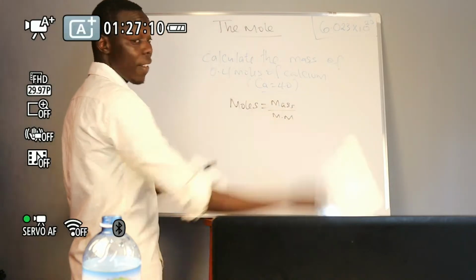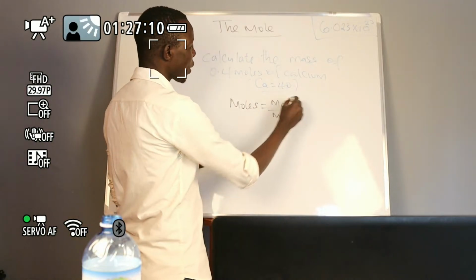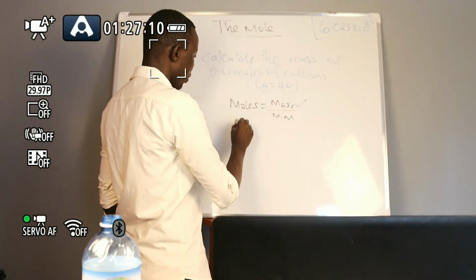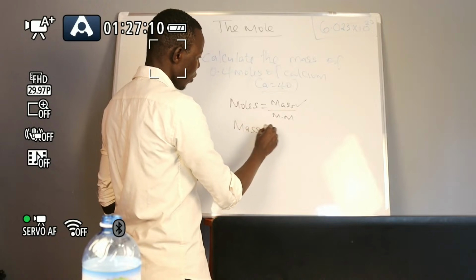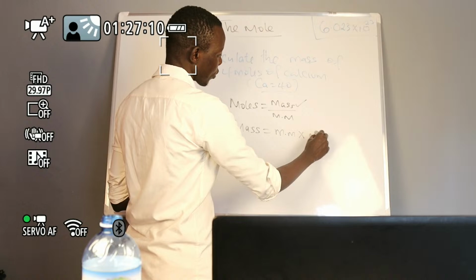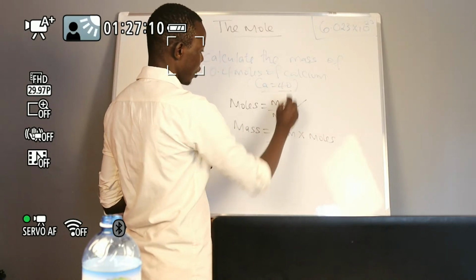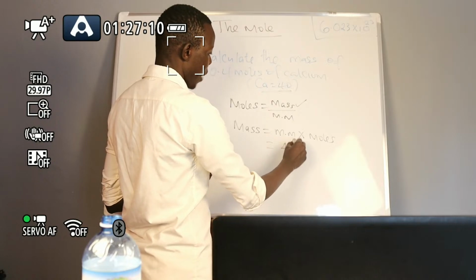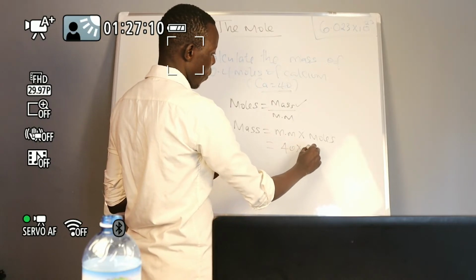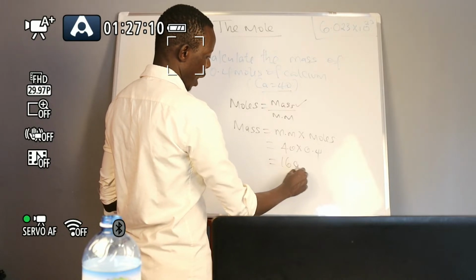If you have this, then everything becomes simple. Because if you want to get the mass, it is molar mass multiplied by moles, which is 40 times 0.4. Then you will get 16 grams.